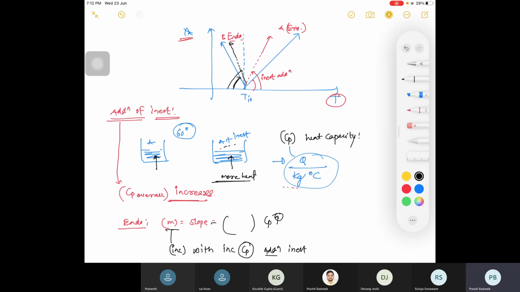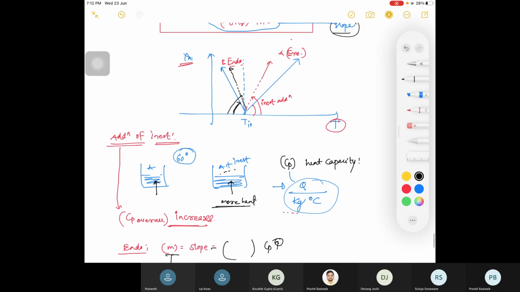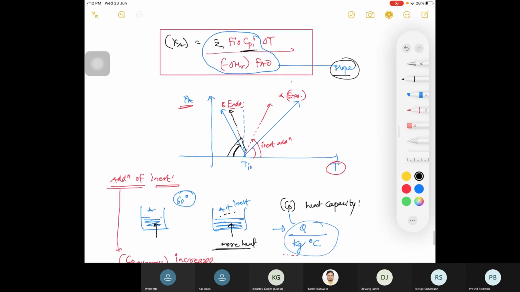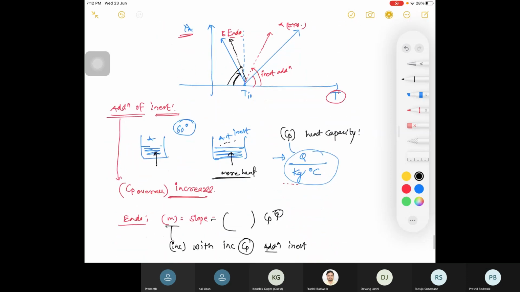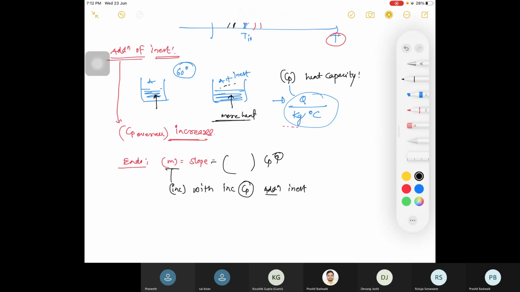By addition of inerts. Okay. So by addition of your inert, तुम्हारा slope increase ही हो रहा है. So this was about your inert effect.